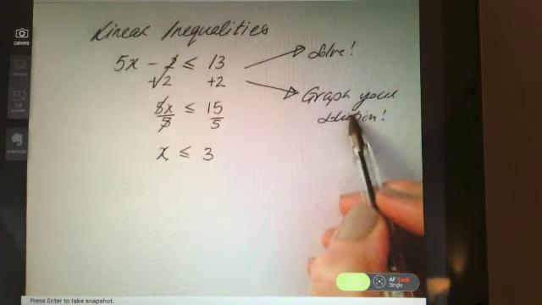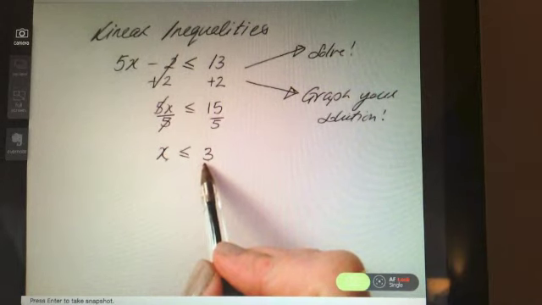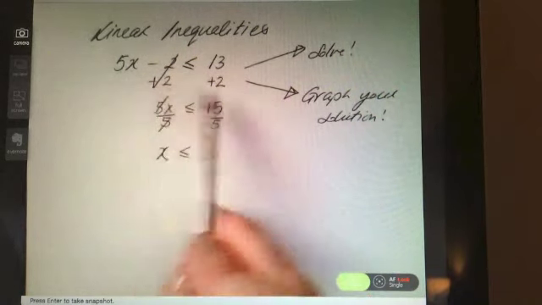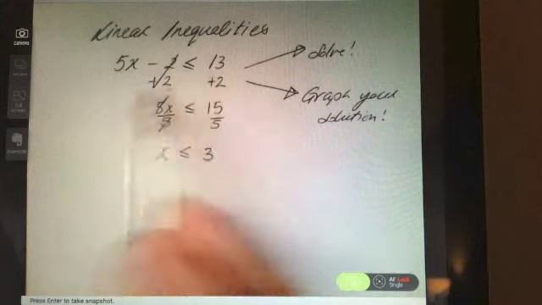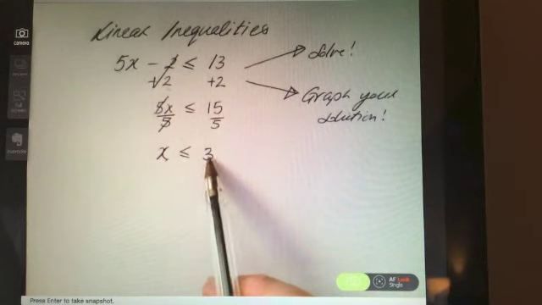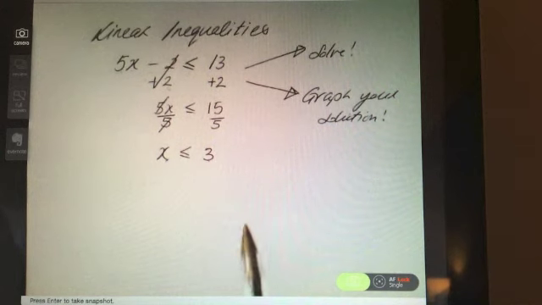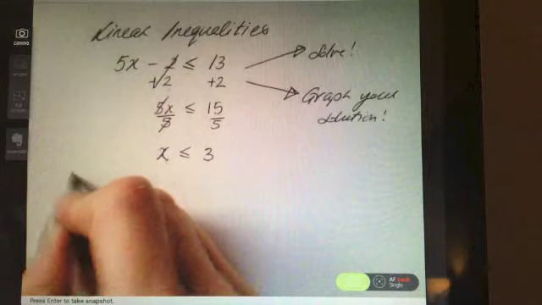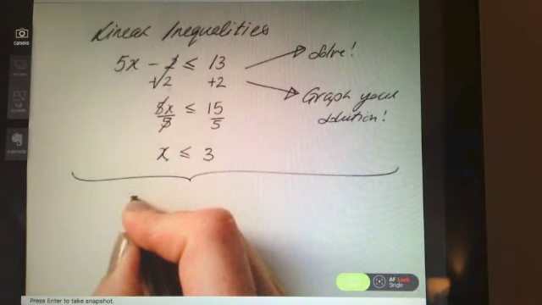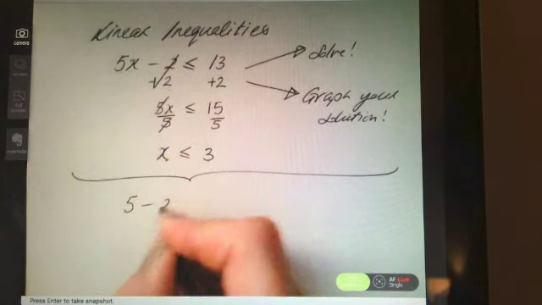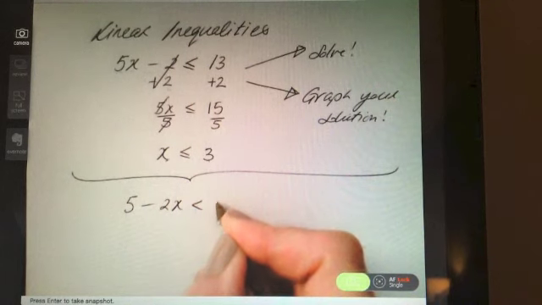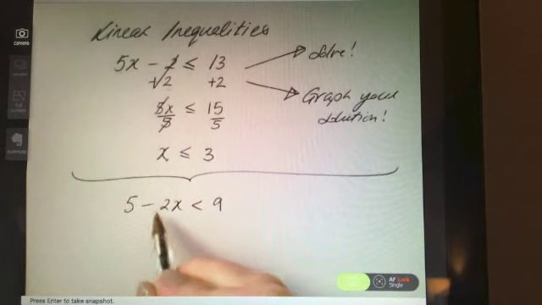Okay, I'm going to talk about that in a minute, because there is one thing I've got to highlight here. This, as you can see, is a lovely process, very, very similar to your solving equations. And that is the way you'll treat it. There's just one thing you have got to watch out for with an inequality. And that is, if you have an x term that is negative, that's going to cause some problems, okay?